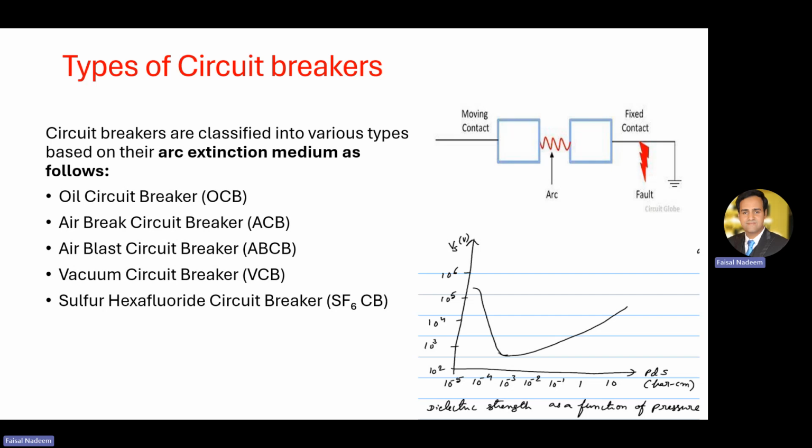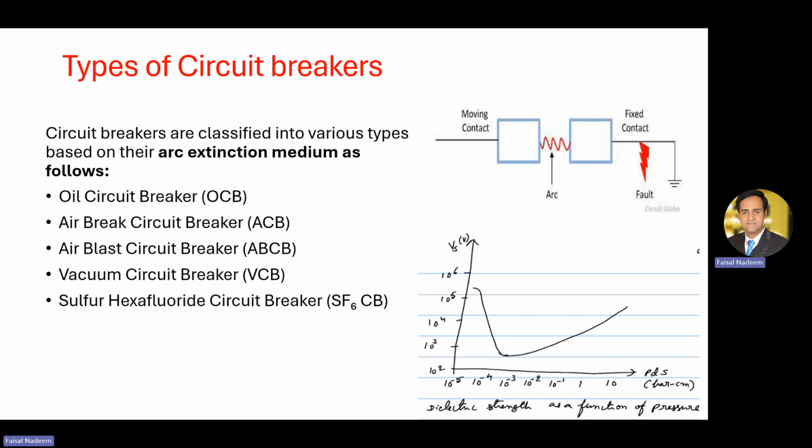These are the basic, required qualities of any arc quenching medium that should be present around the contacts of the circuit breaker during any opening or during its working.